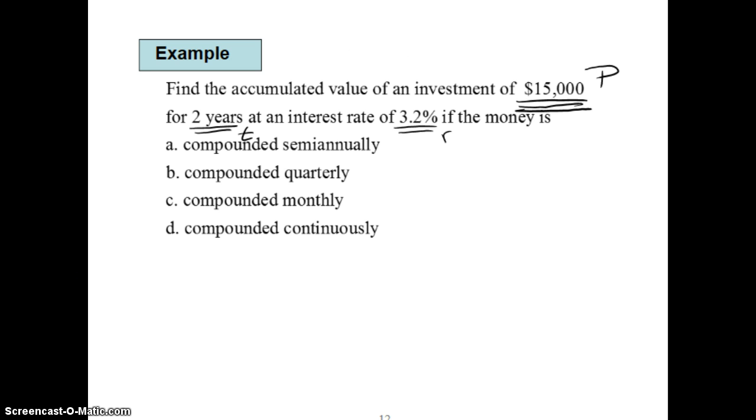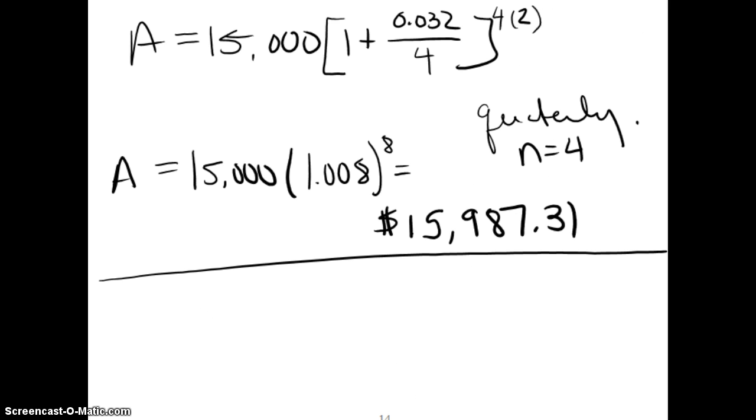Now that's quarterly. What if I want it? What was the next one? Let's see. Monthly. Well, what does monthly mean? Monthly means it's going to occur once a month. And there's 12 months in the year, so that means it will occur 12 times that year. So I put that in.